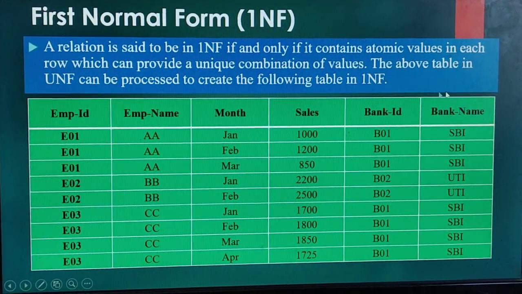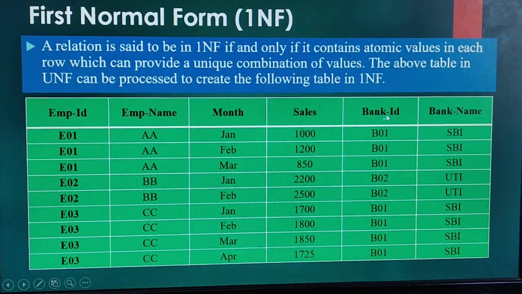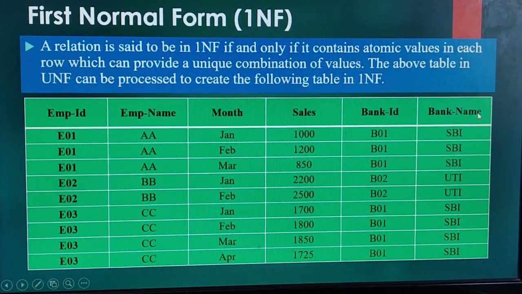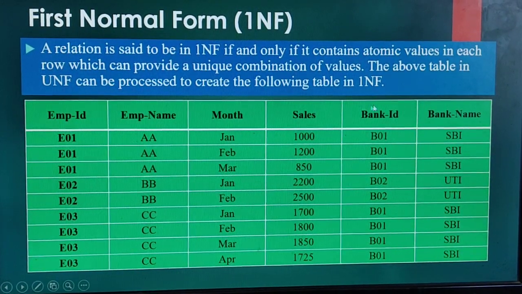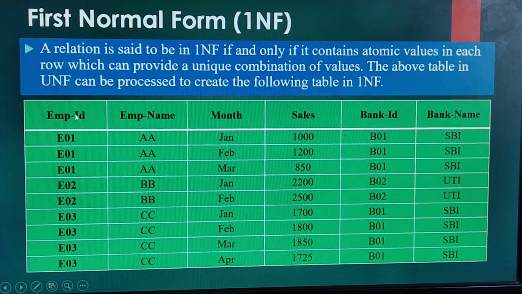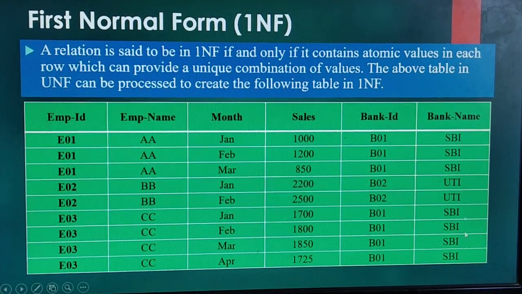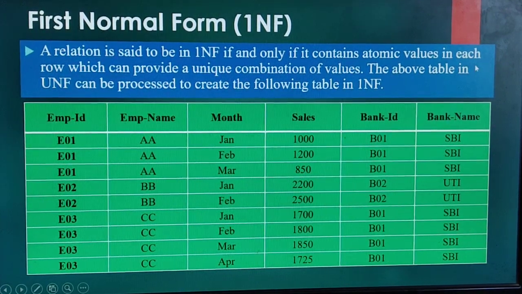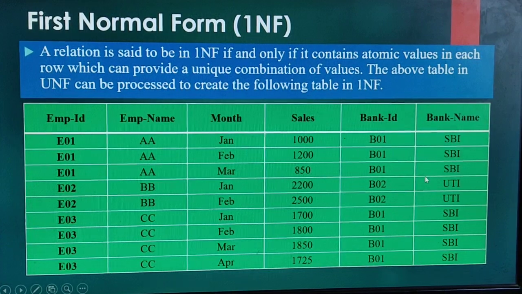So in this scenario, you can take bank ID as the primary key for these two attributes, and for the rest of the attributes, employee ID can be treated as the primary key. But in this relation, we cannot take both employee ID and bank ID as primary key.